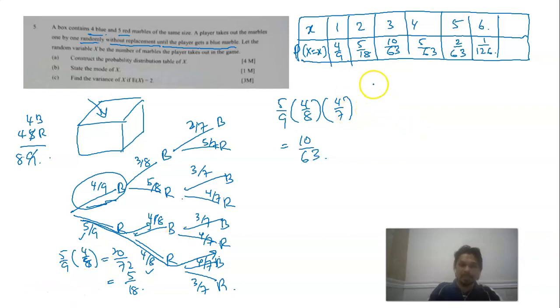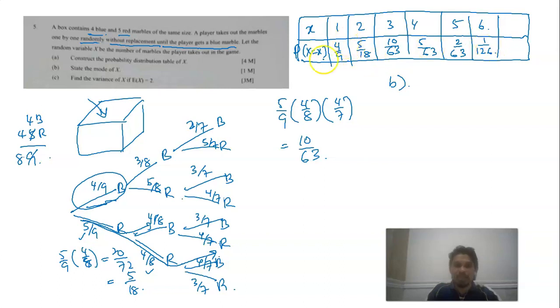Next question. State the mode of x. The mode means the value with the highest probability of appearance. Even though the denominator here is bigger, 63 and 126, please remember that the higher the denominator, the smaller the value of the probability.